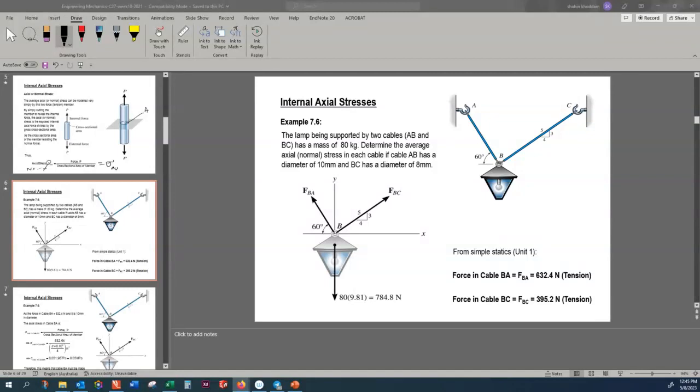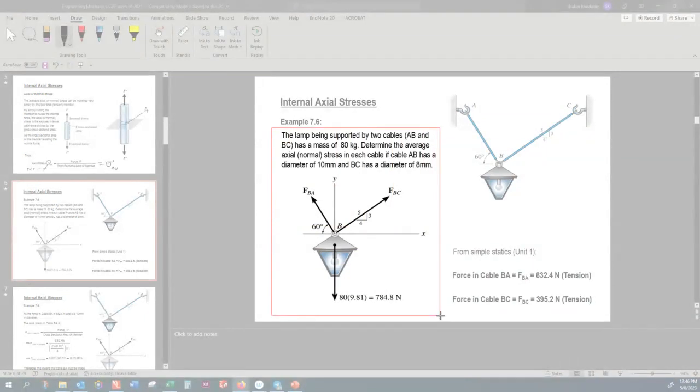Okay, so this problem is not a beam. All members are uniaxially loaded, so it's easy to find the internal forces. How do we find the internal forces? That is by free body diagram. So let's calculate the forces first. There are two approaches to find the forces.